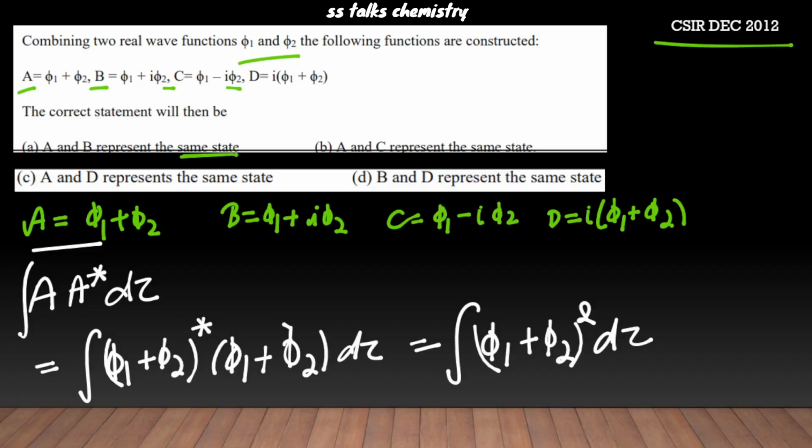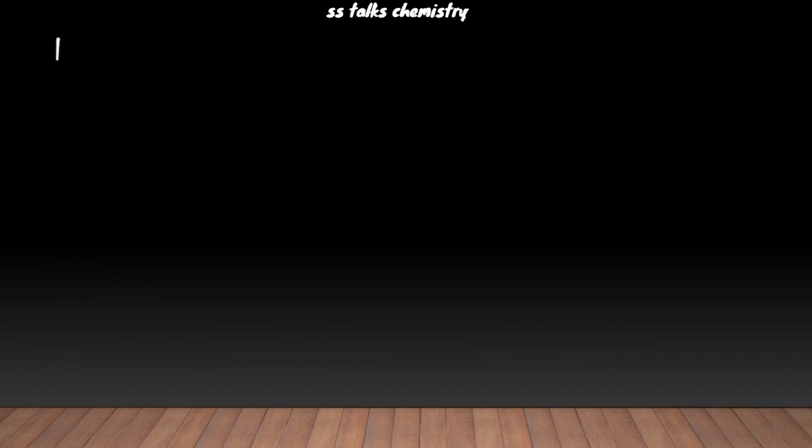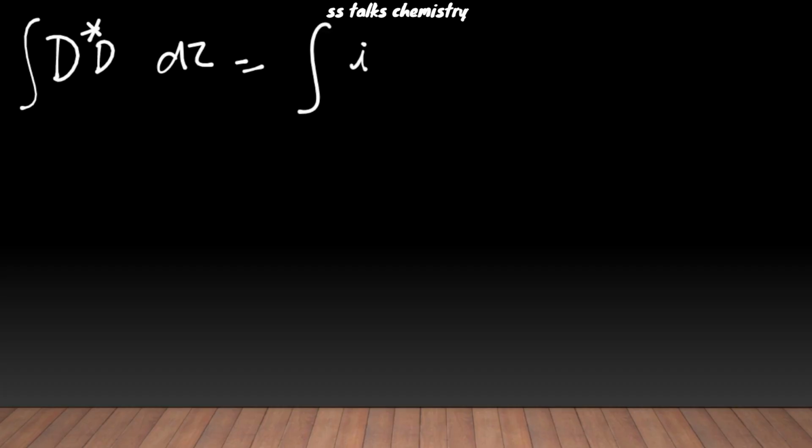Similarly, if I talk about this D wave function which is given, D into D star, integration of it, into the d tau, or we can say it is d tau into D star into D. It will be integration of iota times phi 1 plus phi 2.